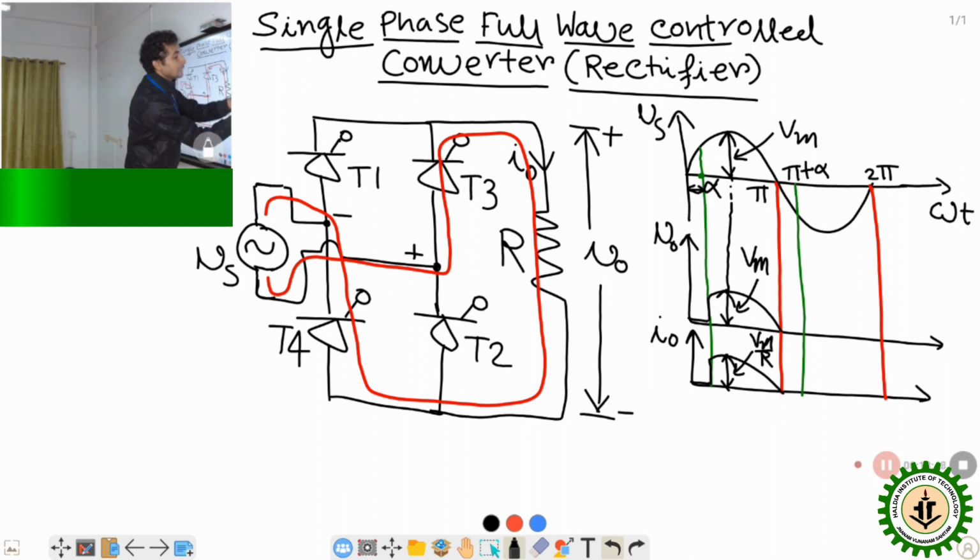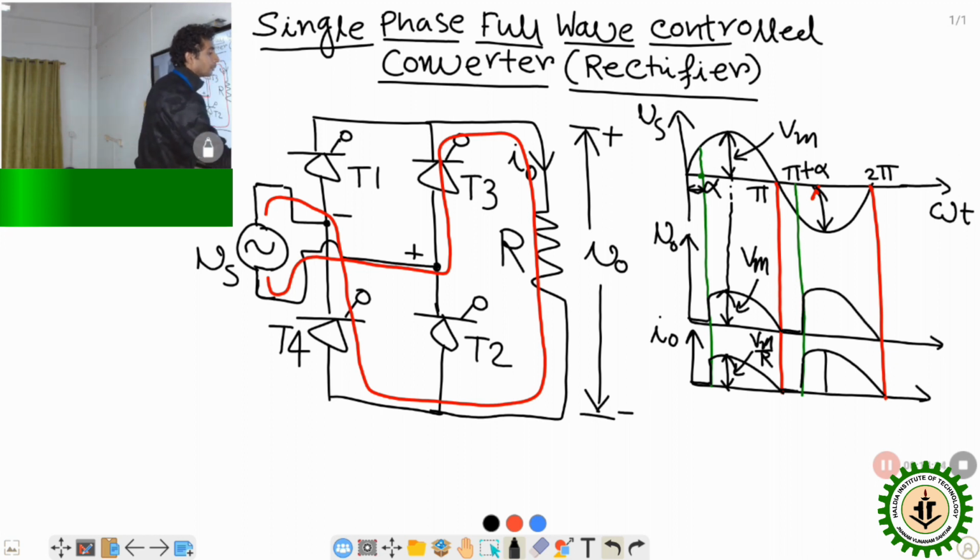So this supply voltage in rectified form will appear across the load like this. Here also, the peak voltage is Vm, and the current peak is Vm by R.